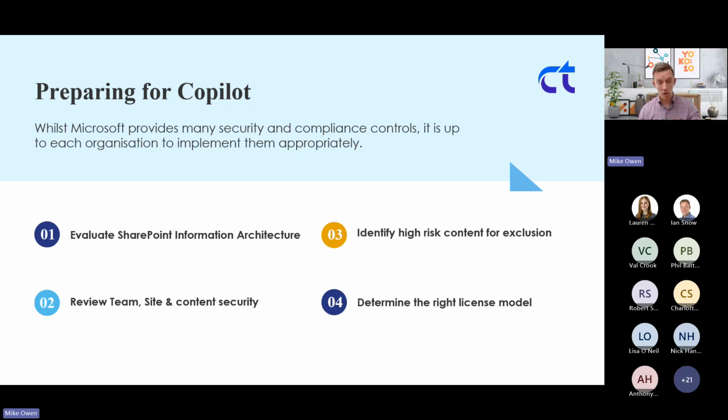Doing a bit of security analysis over your current sites, your teams, having a look at the content, who's got access to what, is going to be really beneficial. You might be able to go into search and look for a particular search term, and it's going to bring back that information because you have access to the content. That's the way search works within Microsoft 365.